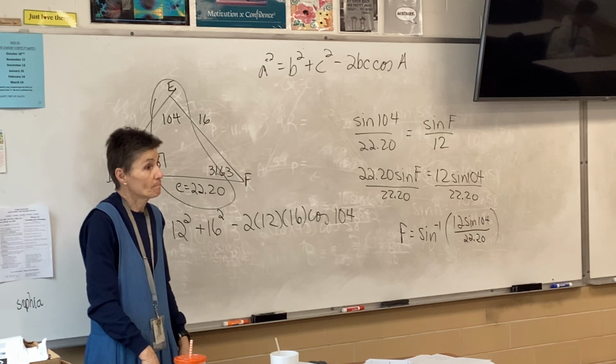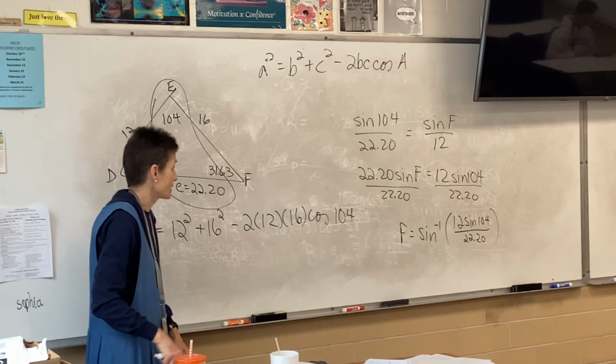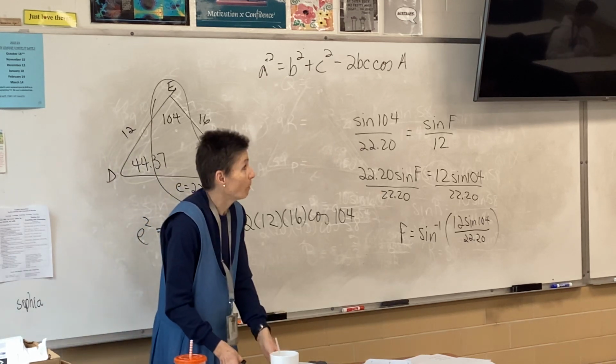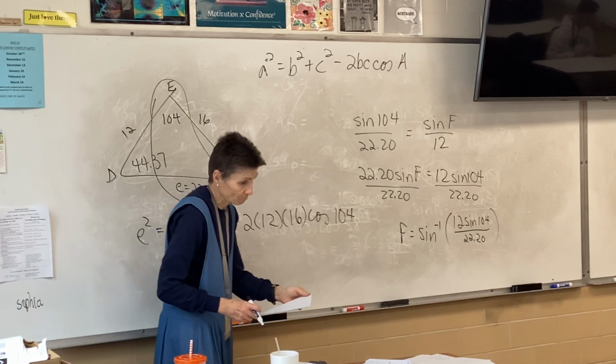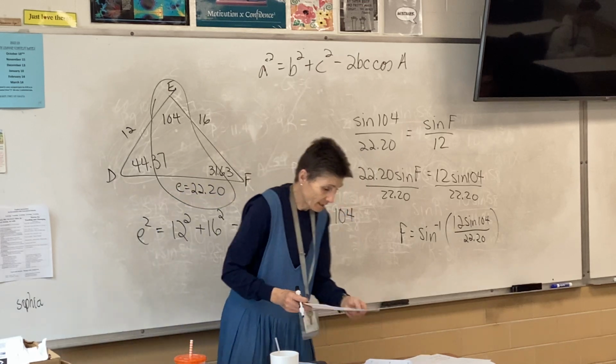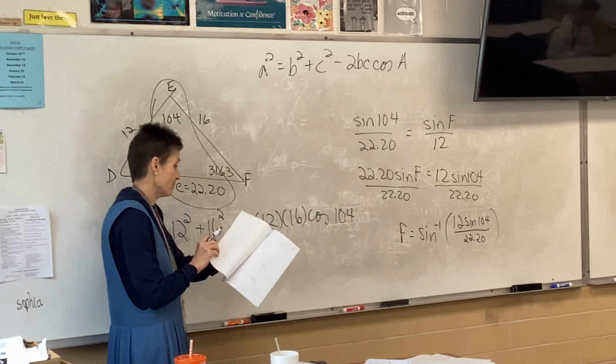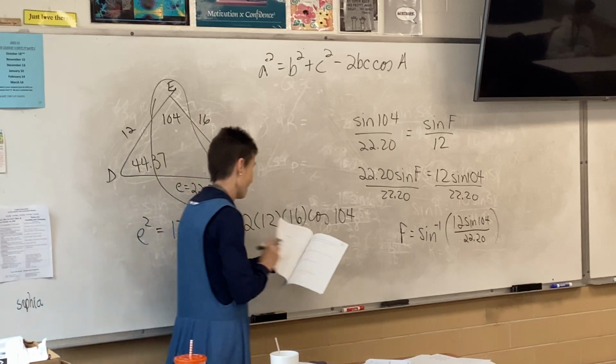Everybody okay? We love our law of sines and cosines, for sure. All right, we're going to do one more problem. We're going to do letter B, and then I'll be done. I'll shut up. I'm going to do letter B.